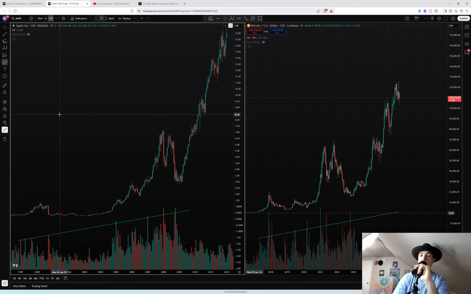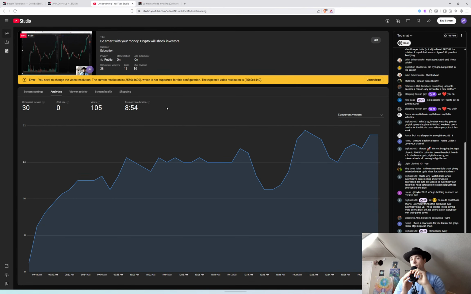In terms of the chart, it's pretty similar. So yeah, we are giving super cycle vibes. Super cycle, extended cycle, whatever you want to call it, that's what the charts look like. That's the impression the market is giving.